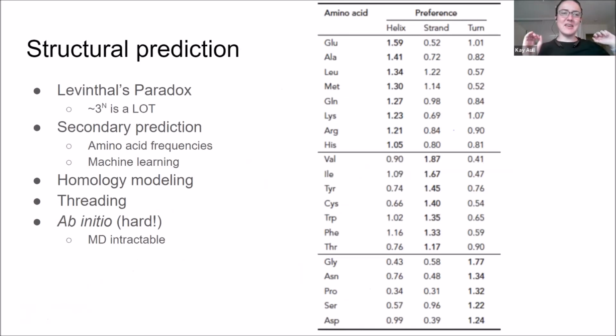But even if you are treating these things as, okay, it's got like 3 positions, 3 to the n is a lot.